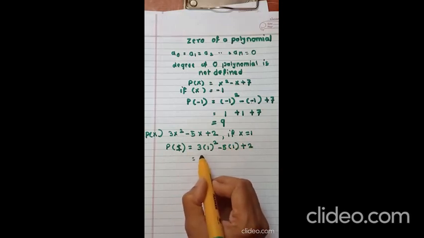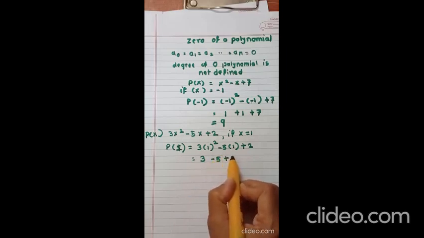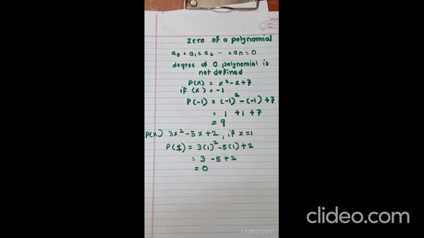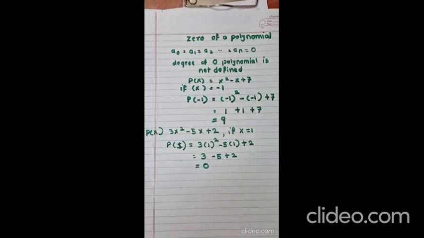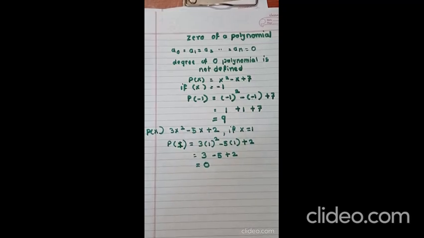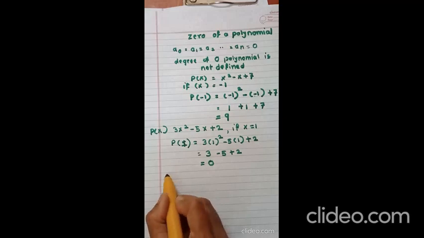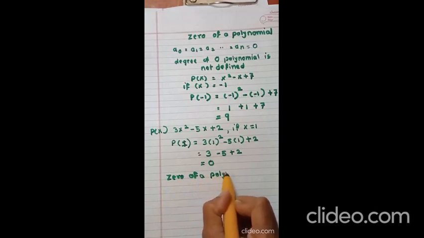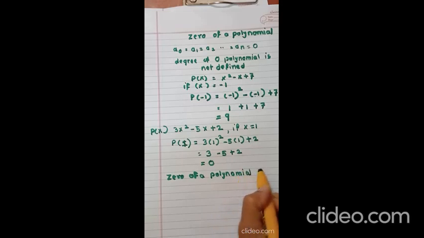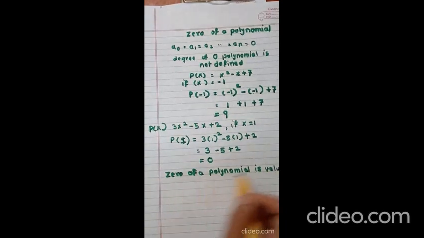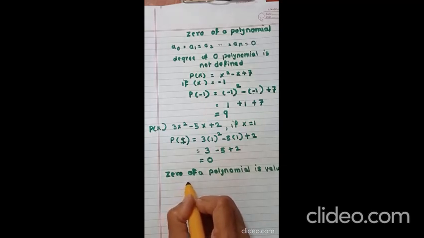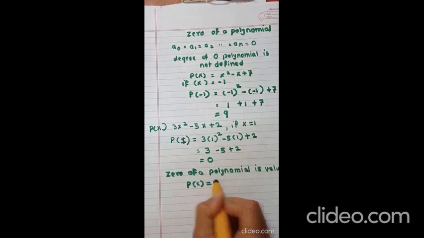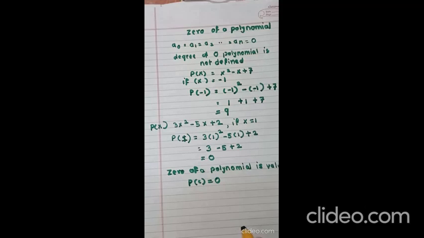So you get here answer 0. So the zero of a polynomial is a number c such that p(c) is equal to 0. So the zero of a polynomial is the value c, or constant c, such that p(c) is equal to 0. That is called the zero of a polynomial.